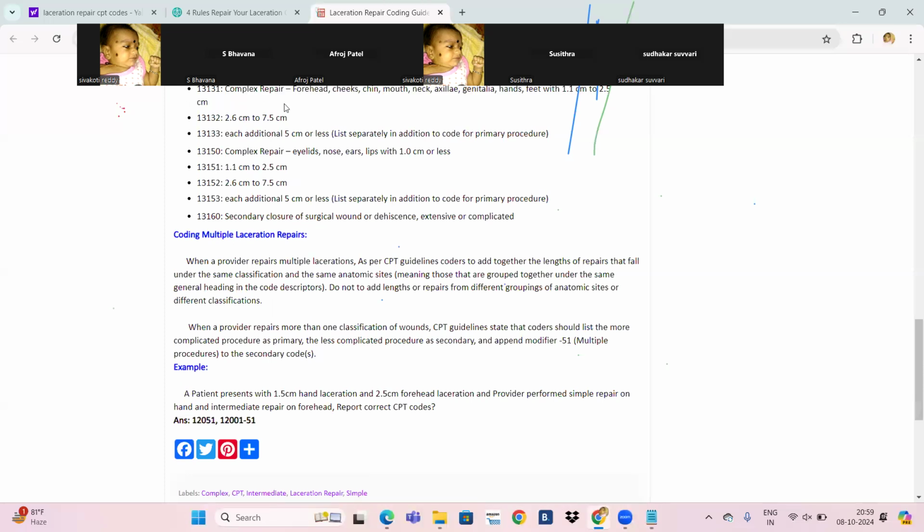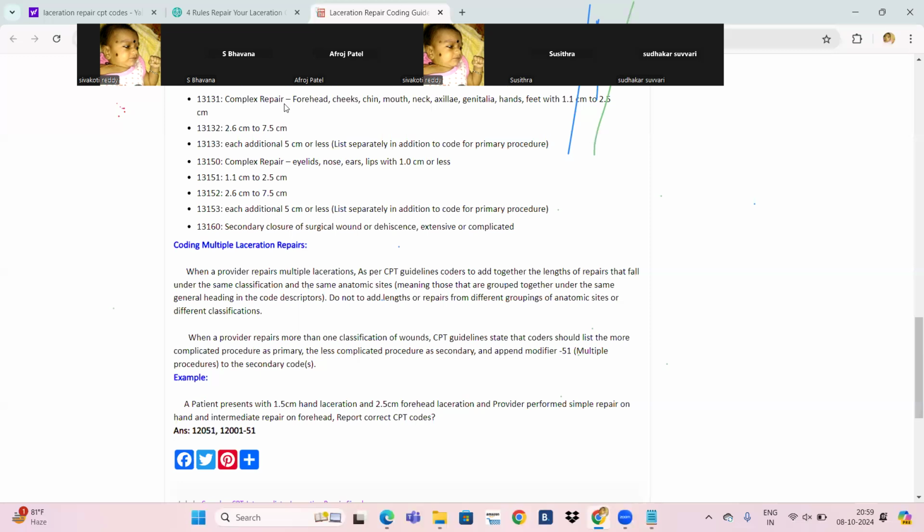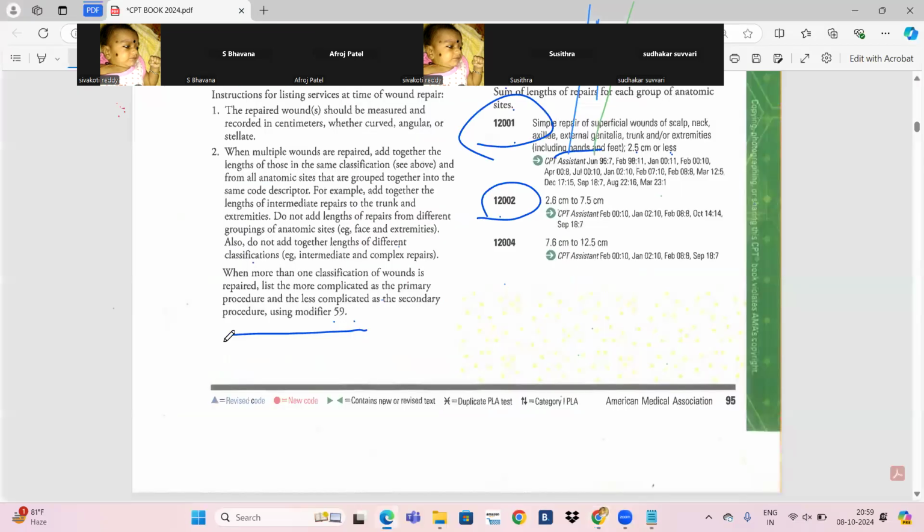You can follow 59 as per the CPT book only.